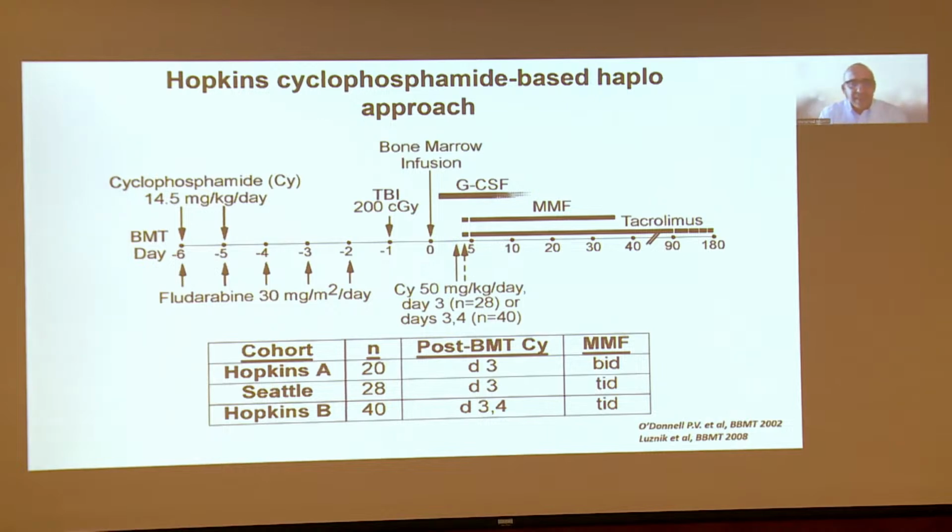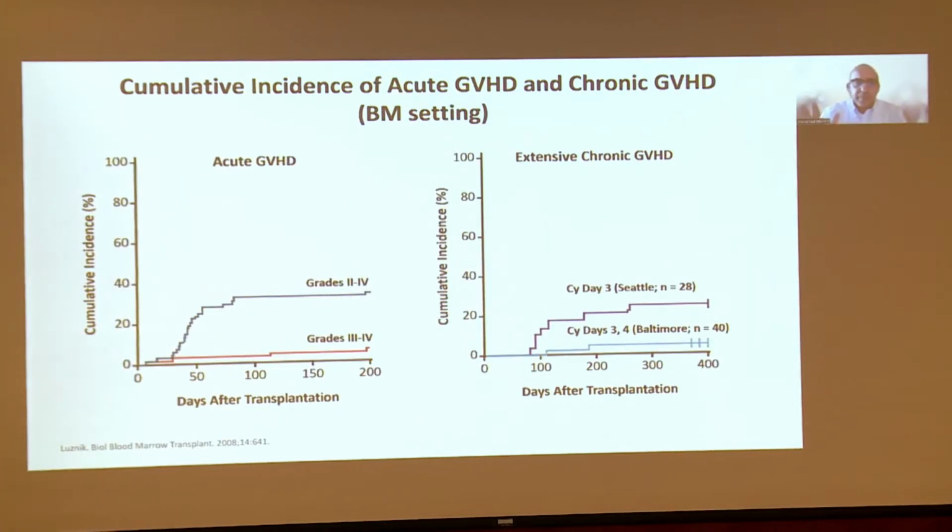Of course, it has been modified since, because we're not using anymore the small dose of cyclophosphamide as it has been established in mice, and of course now we use 2 days of post-cy. And the initial results are shown here.